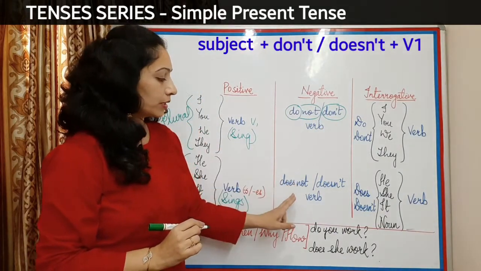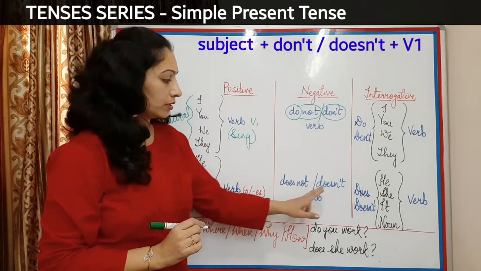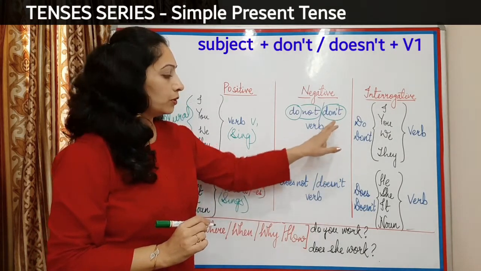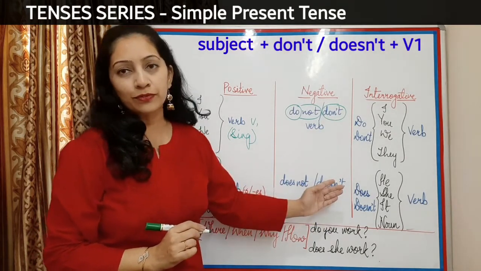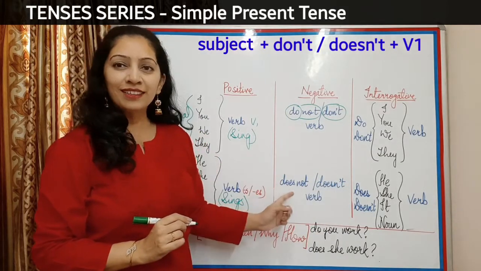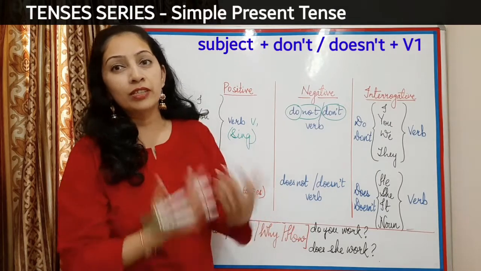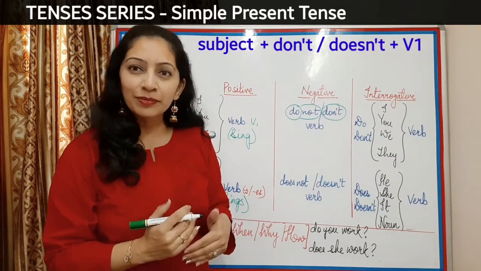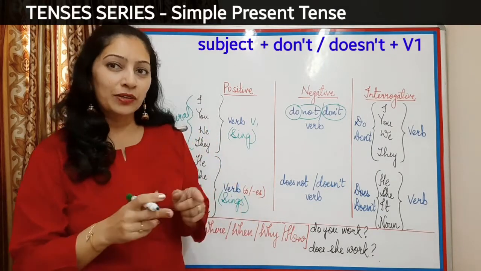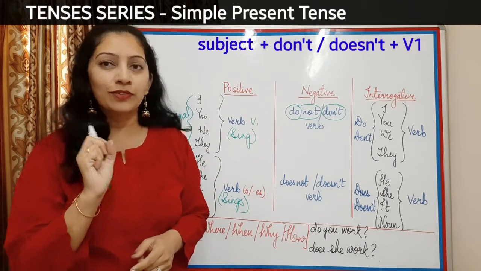And we'll also take the verbs like does not or doesn't. Now don't and doesn't are the contracted forms of do not and does not. Now how will you judge when to use do not and when to use does not? Very simple. It again takes the singular and plural concept of subject.